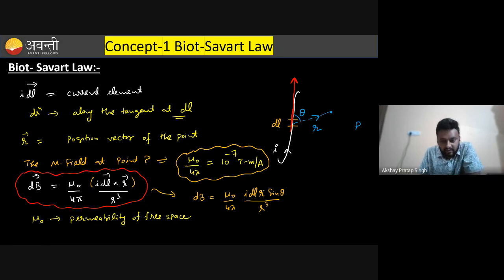So you can cancel out this R and this square term. So ultimately, dB is equal to mu naught over 4 pi IDL sine theta divided by R square with a direction. Let's say this direction is n cap.